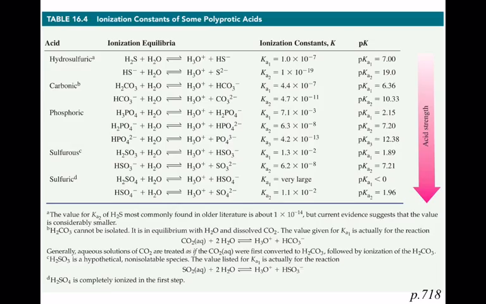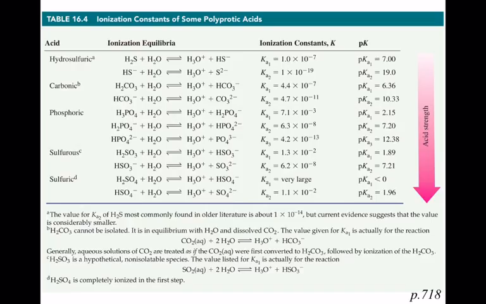So here is the table that we've looked at before. This is just polyprotic acids, like the title says. Down here we have the one we're dealing with, sulfuric acid. Notice they're showing a two-way arrow here, but they're saying that the Ka is very large, so I would show it as a one-way arrow.